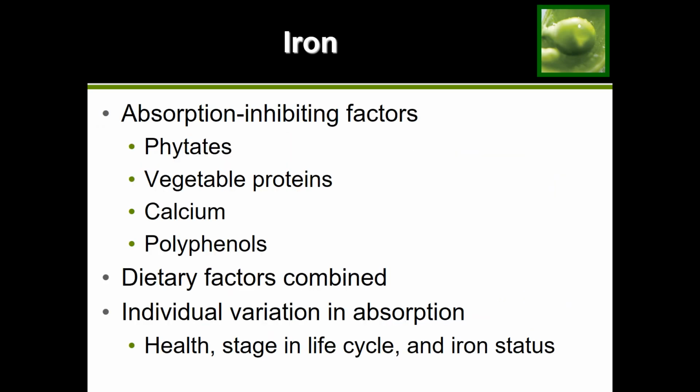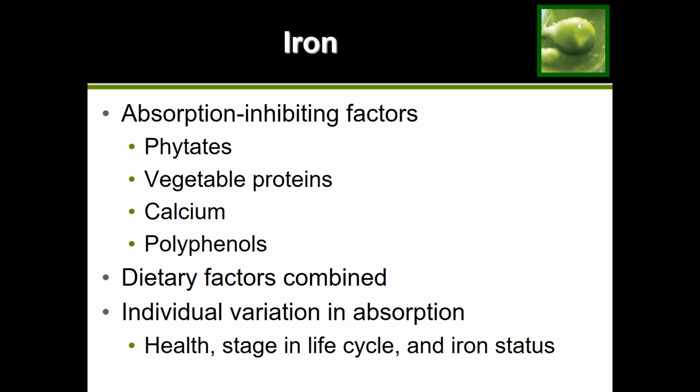So let's go ahead and take a look at the different things that can decrease and increase absorption of iron. Remember, this is referring just to the non-heme form because the heme form of iron is not affected by the diet. The absorption rate is always steady.